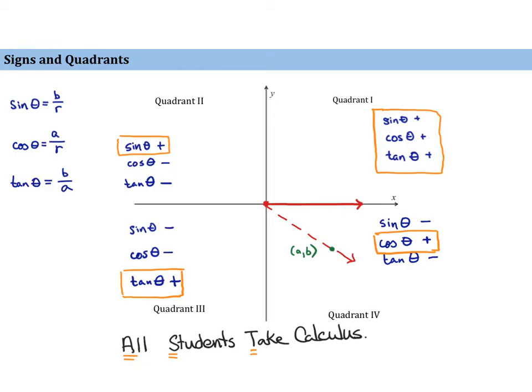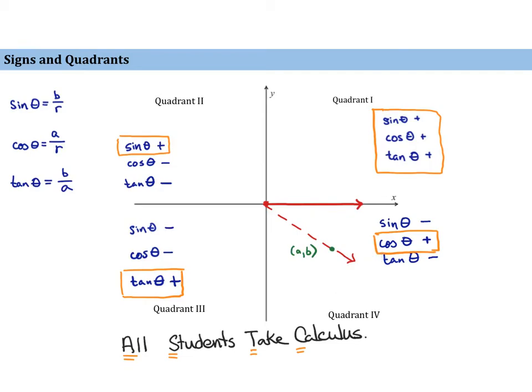And in the fourth quadrant, cosine of theta is positive. So we can look at ASTC for all students take calculus: all, sine of theta, tangent of theta, cosine of theta.